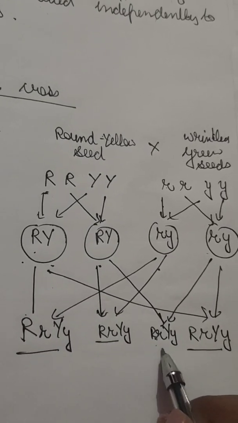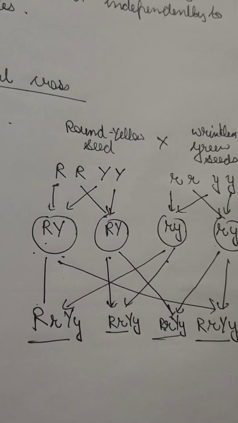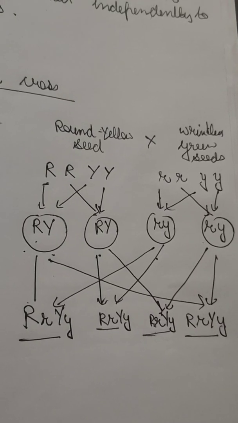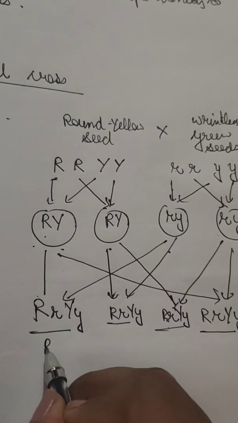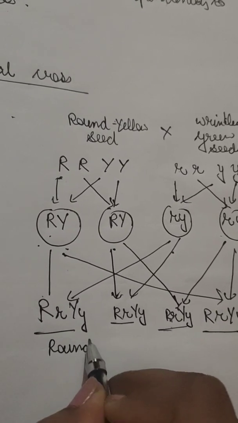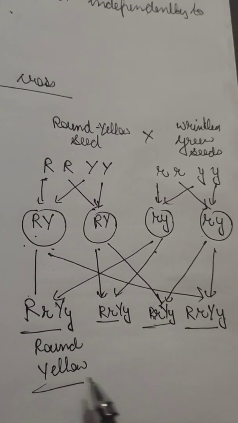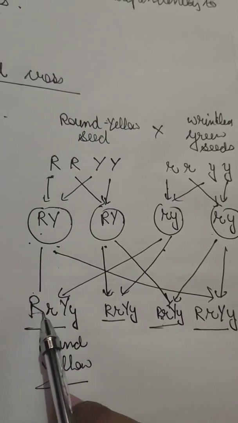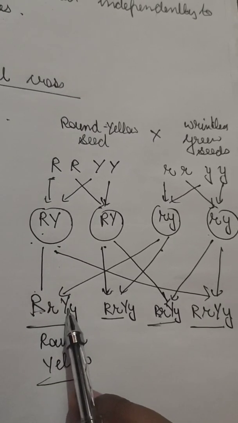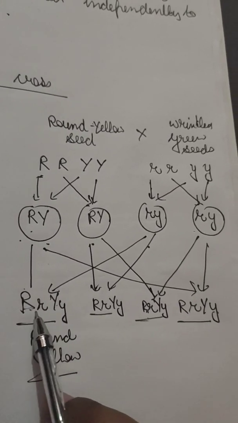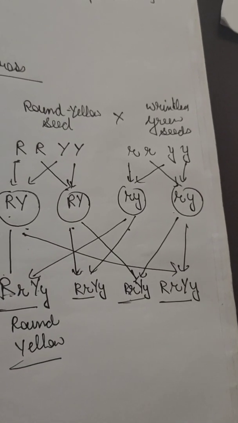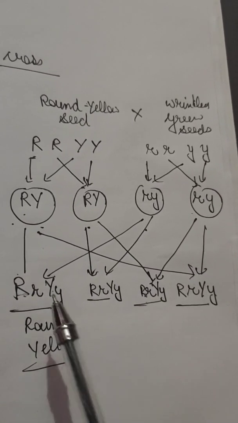So as we can see, all the pea plants will be of the same type. Everyone will be round and yellow, because if there is the presence of any dominant trait, it will be displayed.